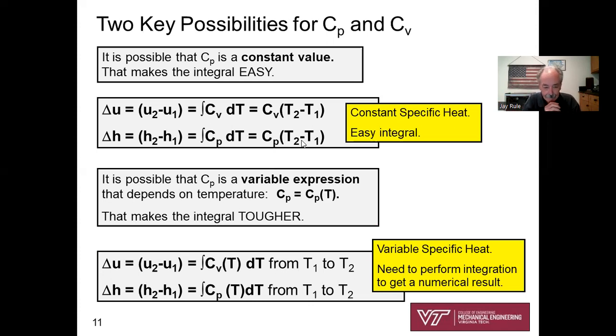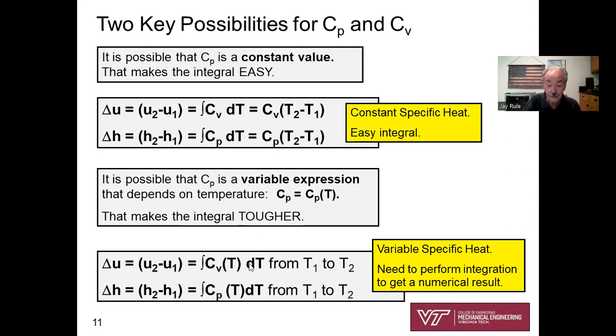It is possible sometimes, though, that CP and CV are variable. In other words, they're a formula based on temperature only, like maybe a polynomial based on temperature. That makes the integral tougher, doesn't it?